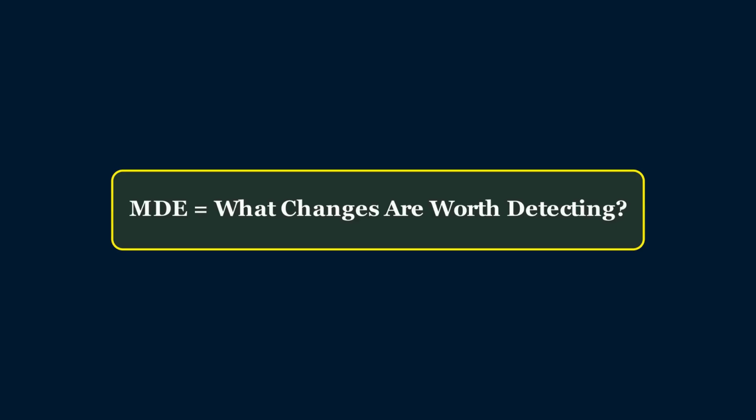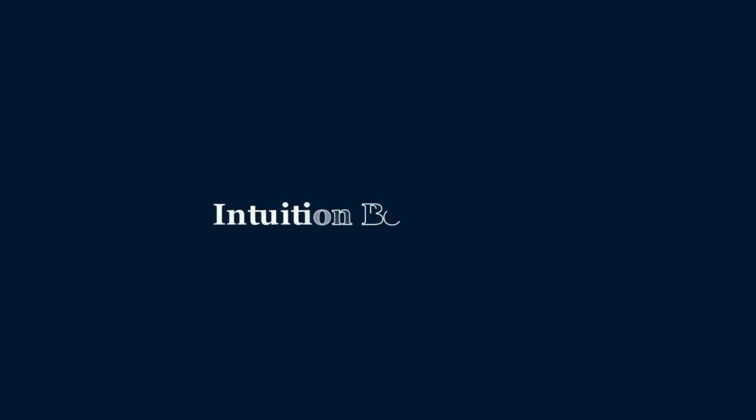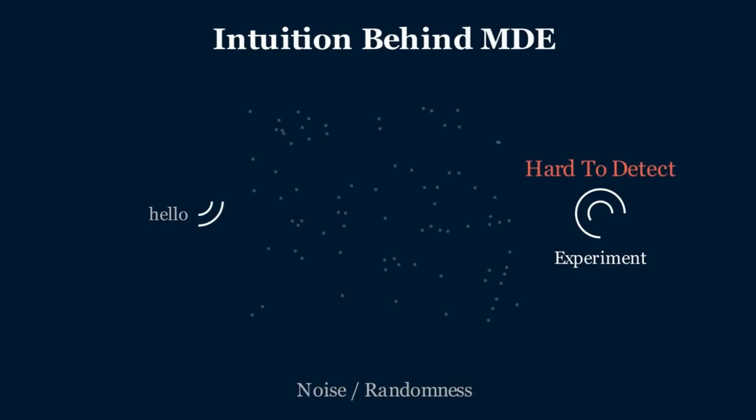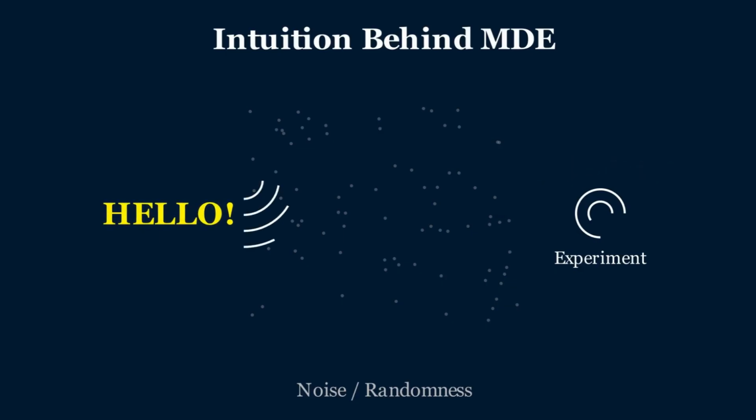But to truly understand why smaller MDEs become so expensive, we need to understand the relationship between signal and noise. Imagine standing in a noisy room. Someone across the room whispers hello. You probably won't hear it. Now imagine they shout hello, easy to detect. That's exactly how experiments work. Large effects are loud.